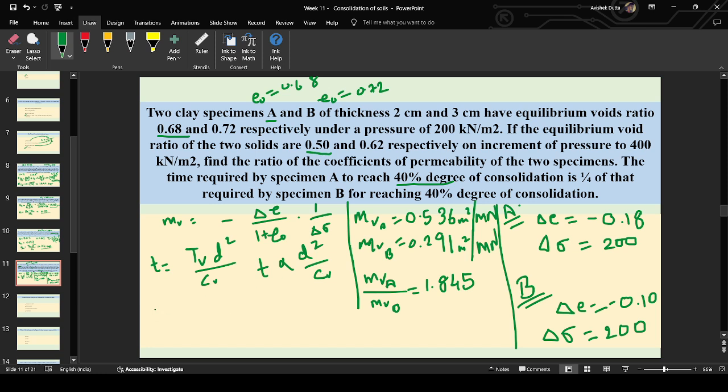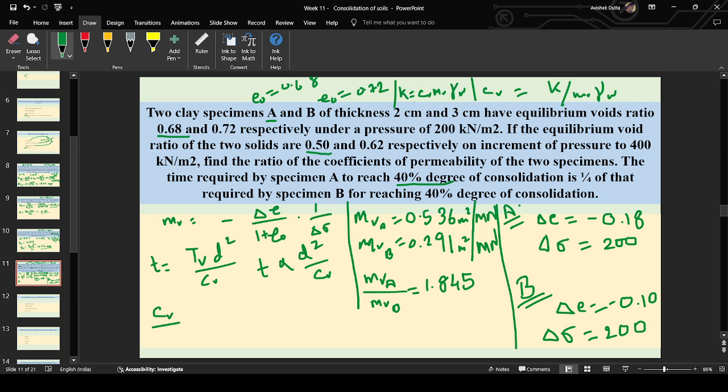Now Cv for A. What is the formula for Cv? Cv equals k by mv gamma w, right? So what is k? k will be equal to, just the concept of how I am proceeding, Cv mv gamma w.